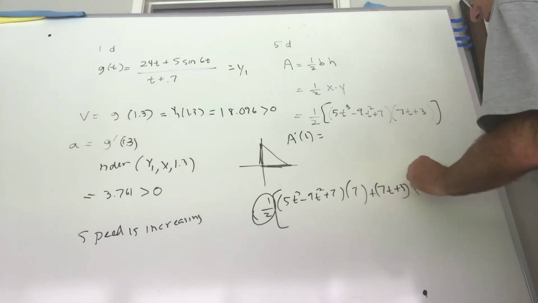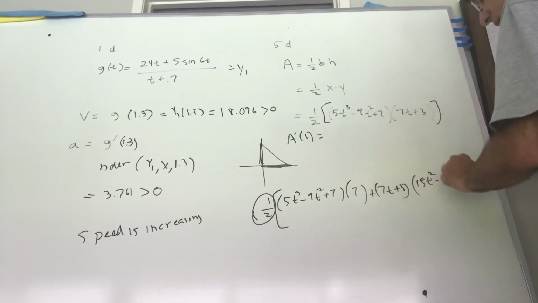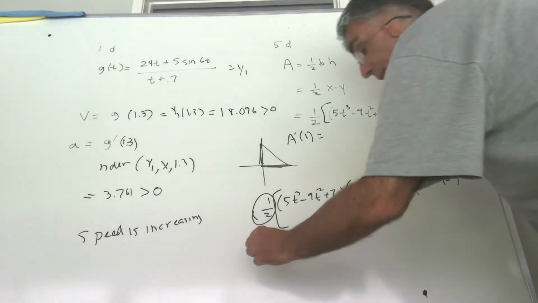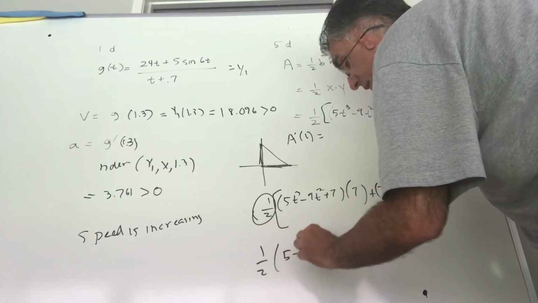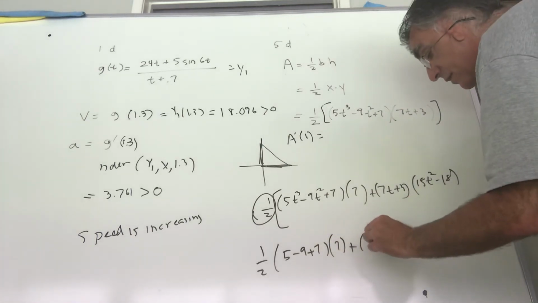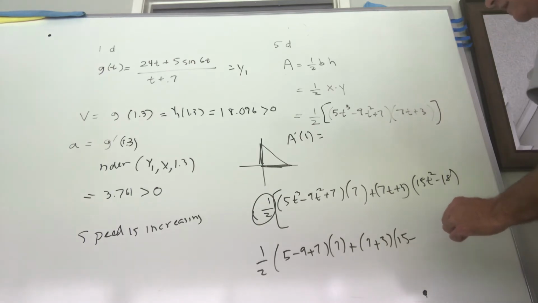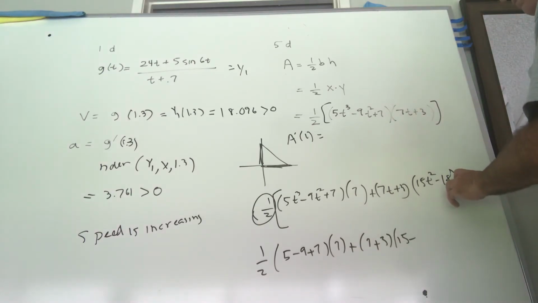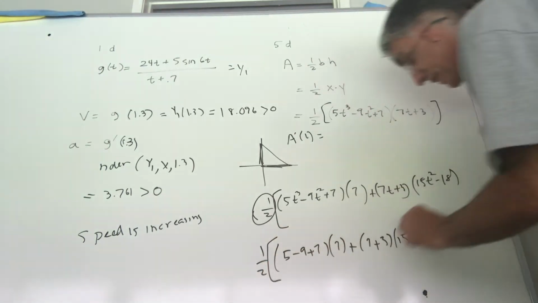It's kind of annoying, right? 15t squared minus 18. And then you have to put 1 in. 1/2, so 5 minus 9 plus 7 times 7 plus 7 plus 3 times 15 minus 18. And remember, this whole thing is times 1/2.